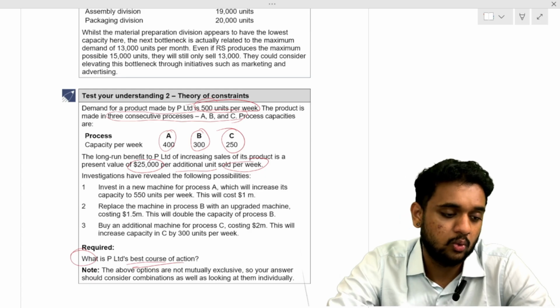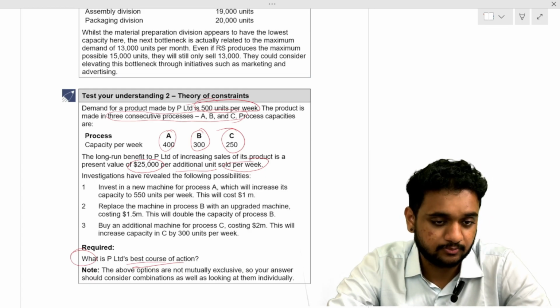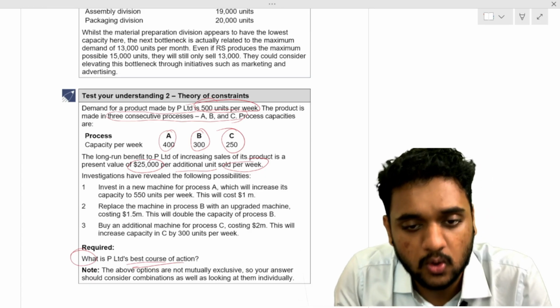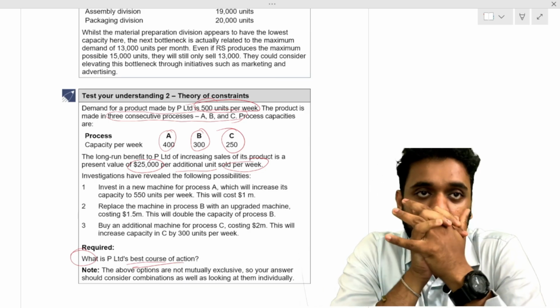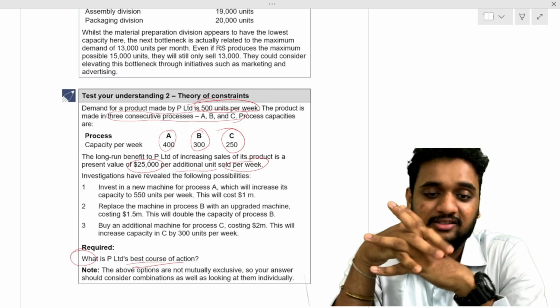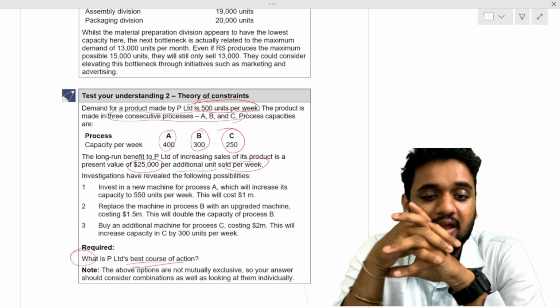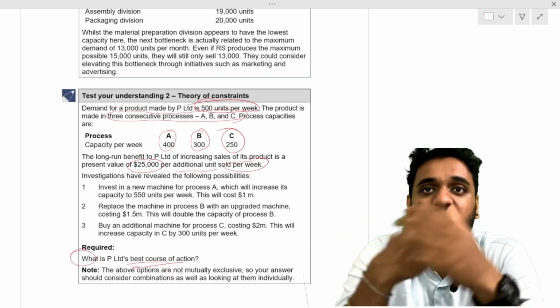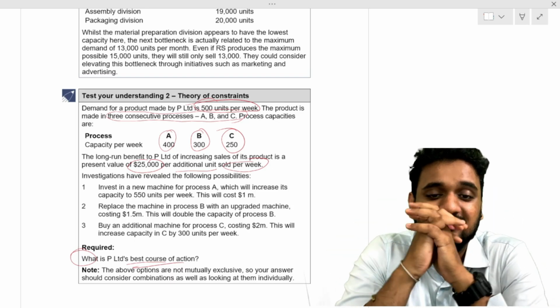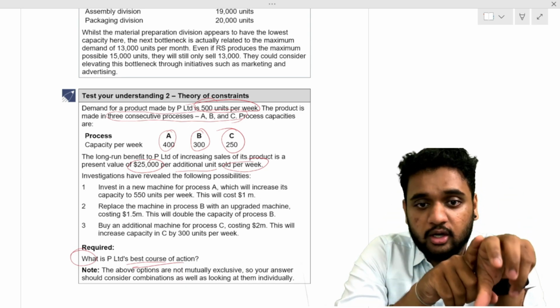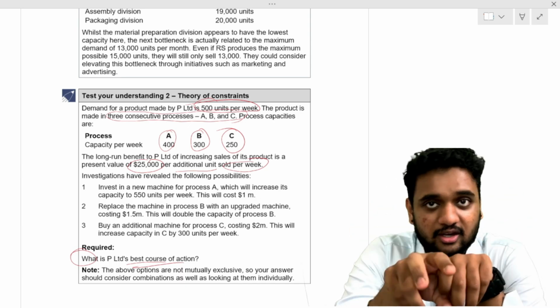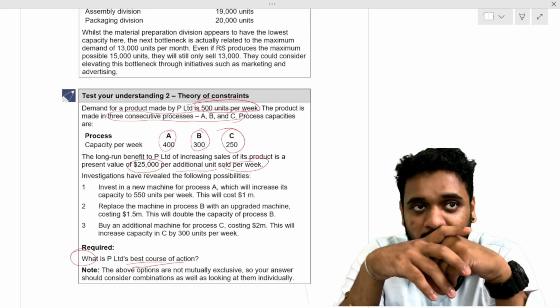Now, tell me this. Which machine will we try to buy first? Out of the 3 processes we have, in which process will we try to buy a new machine? C. Yes. A can produce 400 units, B can produce 300 units, C can produce 250 units.